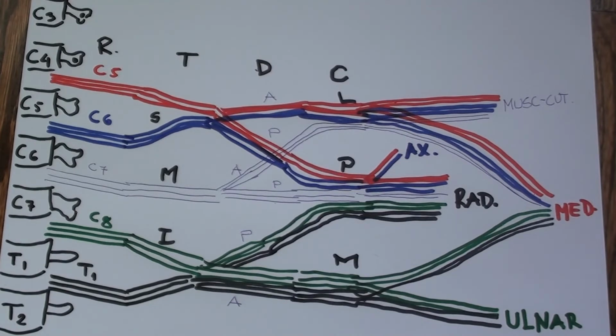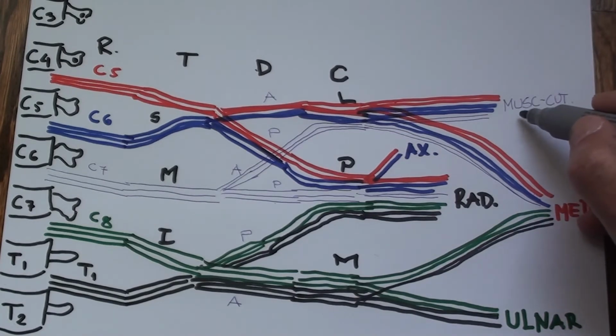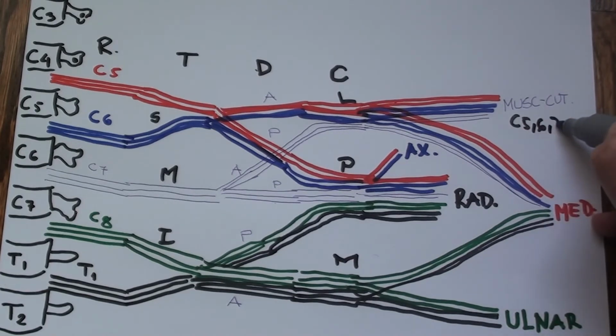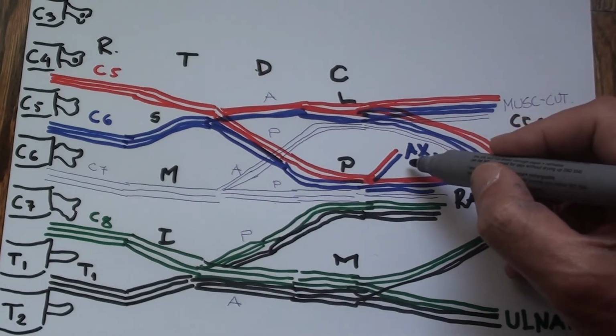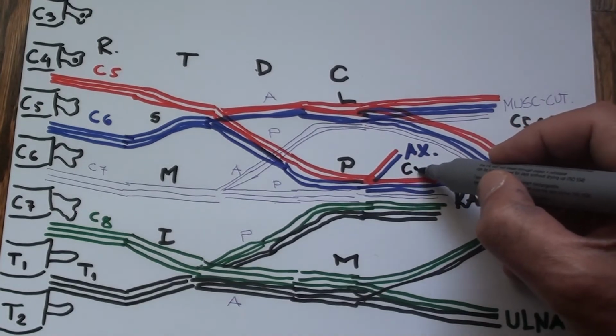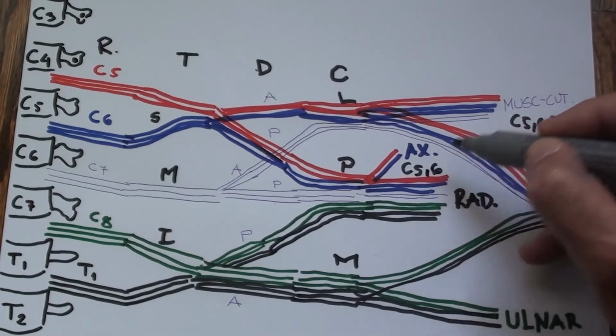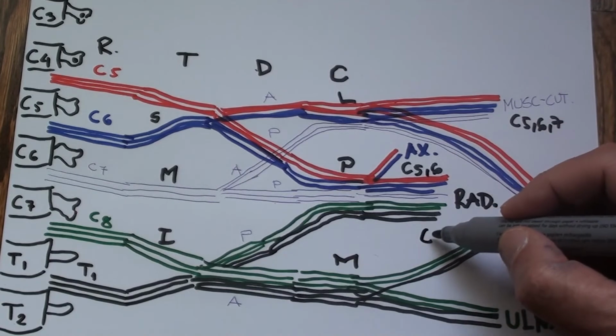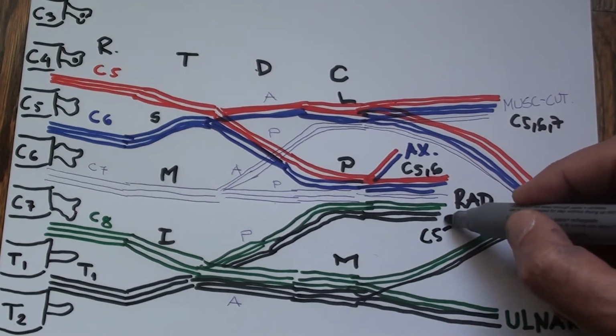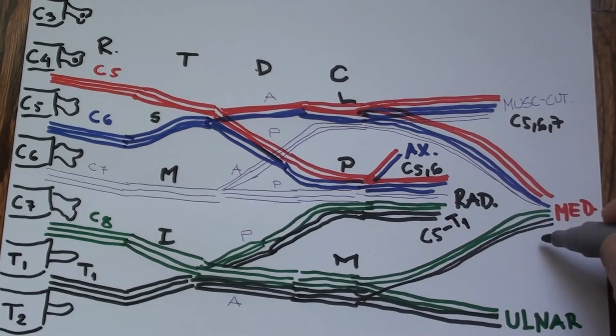So let's confirm, and then we'll make a quick review of what was present. Musculocutaneous nerve carries C5, C6, C7. Axillary nerve is carrying only C5, C6. Radial nerve carries C5, C6, C7, C8, T1.